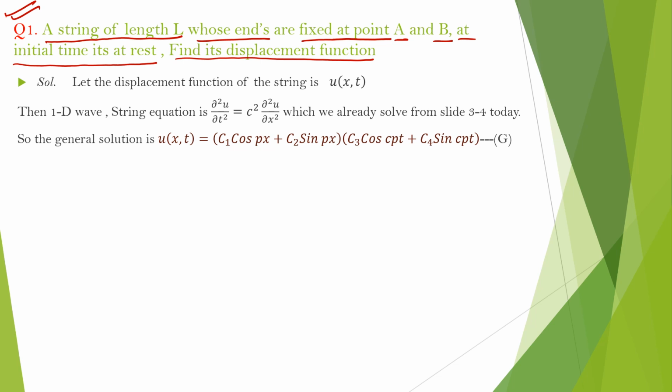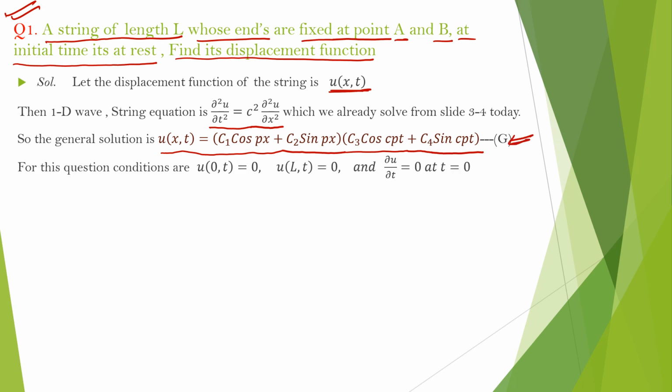Let the displacement function of the string be u(x,t), and the equation is del square u by del t square is equal to c square del square u by del x square. From the previous solution, we just use the general solution of the string: u(x,t) is equal to (c1 cos px plus c2 sin px) into (c3 cos cpt plus c4 sin cpt). This is the first solution till now.